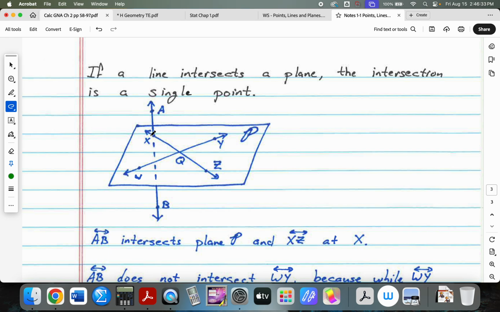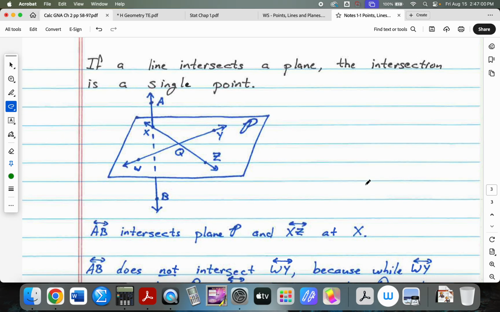What's part of both of them? So if I say, what's the intersection of line AB and plane P, what's the only point that's on both of them? X is the only point that is part of this line and is part of the plane, because this line is not lying down on the plane, it's going up and then going down through the plane.